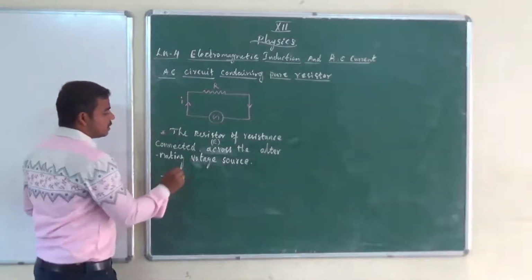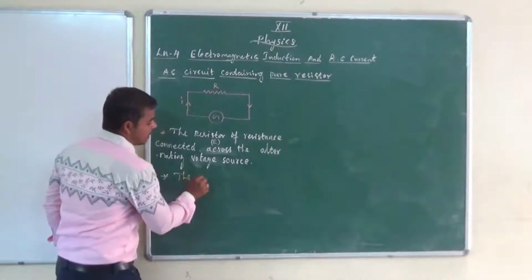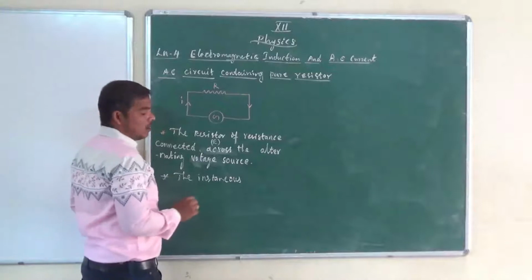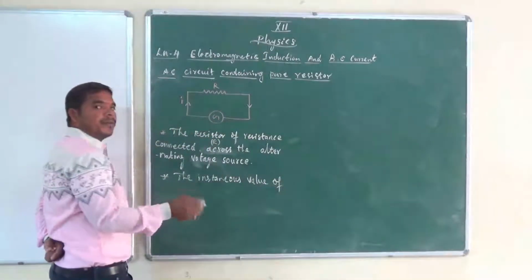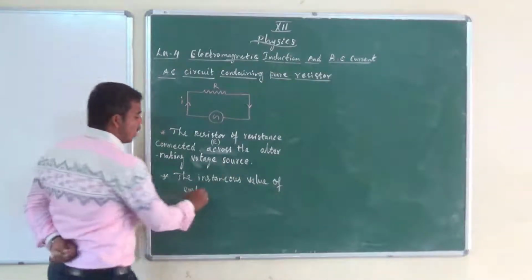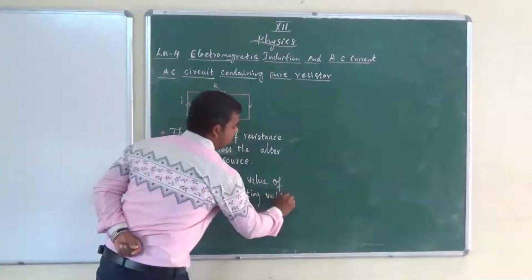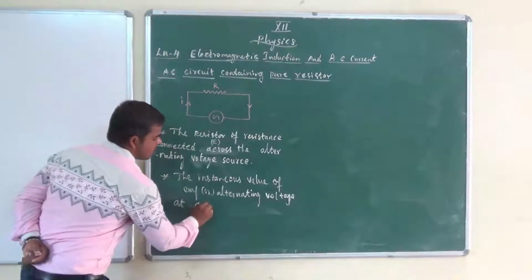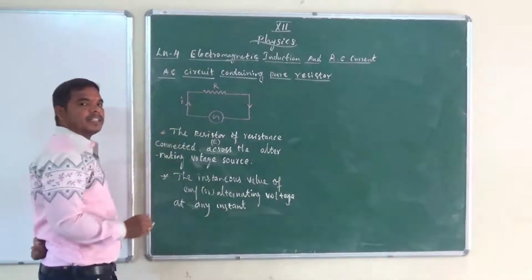Next, the instantaneous value of the EMF or alternating voltage at any instant is given by a mathematical equation.